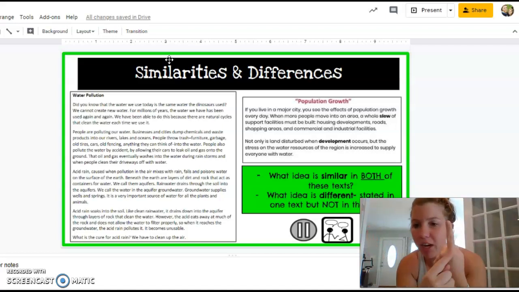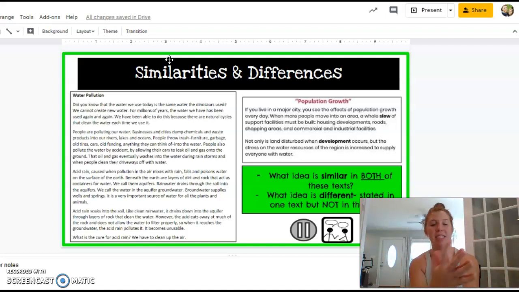Like this pointer finger has a freckle on it. Is it the same as this pointer finger? No, they're kind of different because of that one little freckle. So I'm going to reread to you today population growth, and we're going to be thinking of some things that are similar and some things that are different.